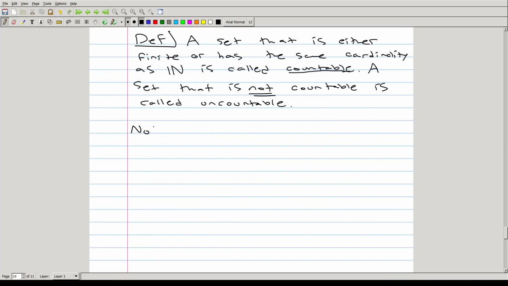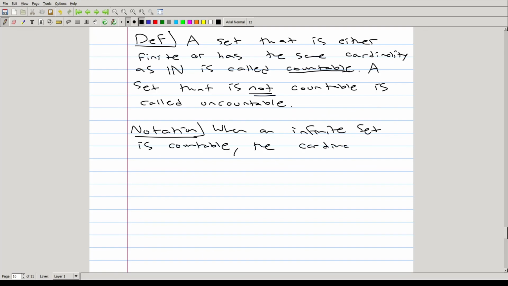And as for the notation here, when an infinite set is countable, we denote the cardinality of the set by the symbol aleph naught or aleph null, which is the first letter of the Hebrew alphabet.